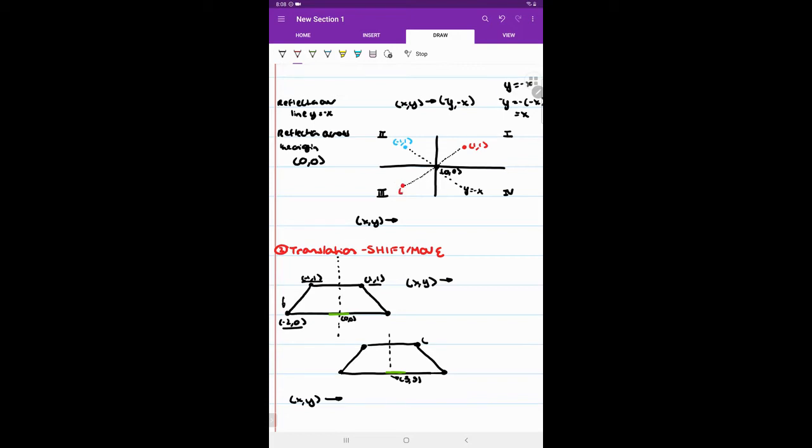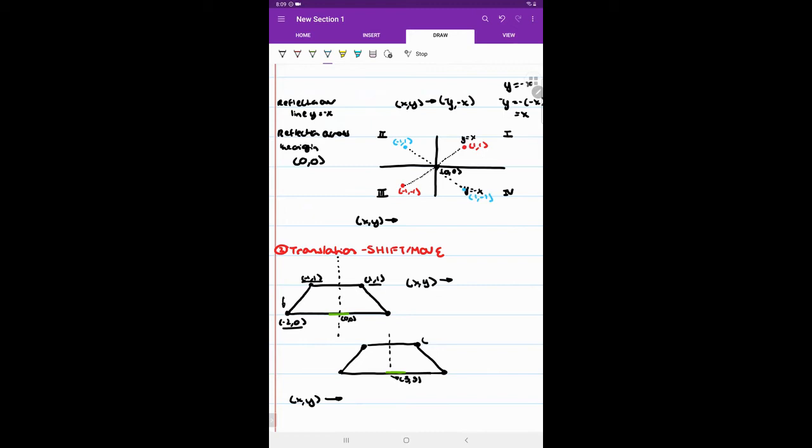It would actually be negative 1, negative 1. But if I'm trying to reflect from quadrant 2, the point negative 1, 1, that blue point, I'm going into the origin. I'm actually going to be reflecting across this line y equals x. And I'm going to get to the point here. It'll be 1, negative 1.